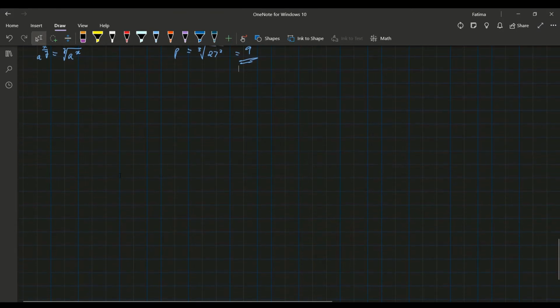Now moving on to our next question, which is our last one. Let's say we're given half into x to the power 2 by 3, and this whole thing is raised to 3.